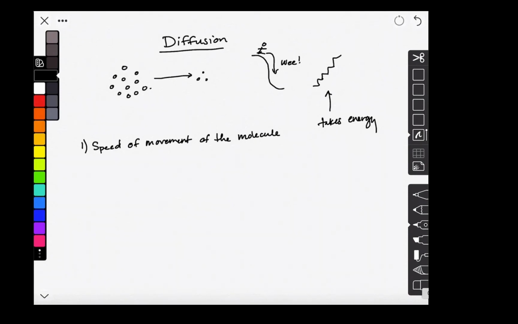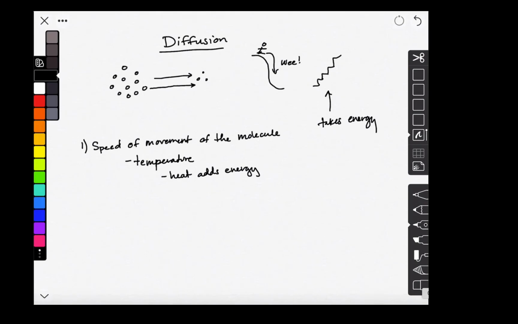If the molecule is moving really slow, it'll take it a very long time to reach that equilibrium. The main thing that you can do to influence speed of movement of molecules is change the temperature. Because heat adds energy, the molecules use that energy and it makes them move around a little bit faster. Conversely, cold makes things move slower because it takes away a little bit of energy.